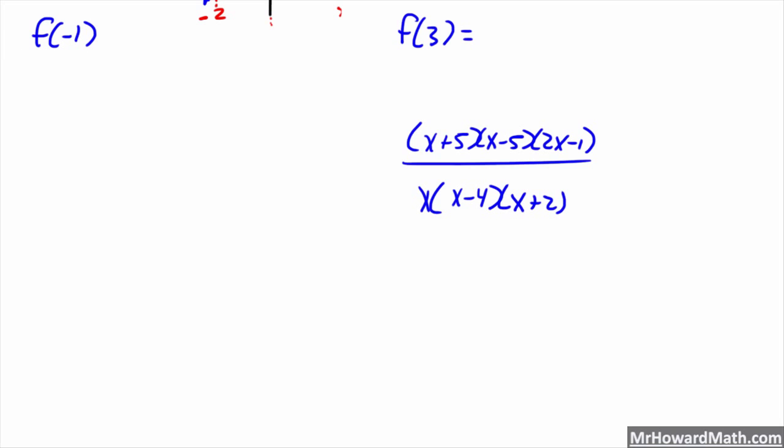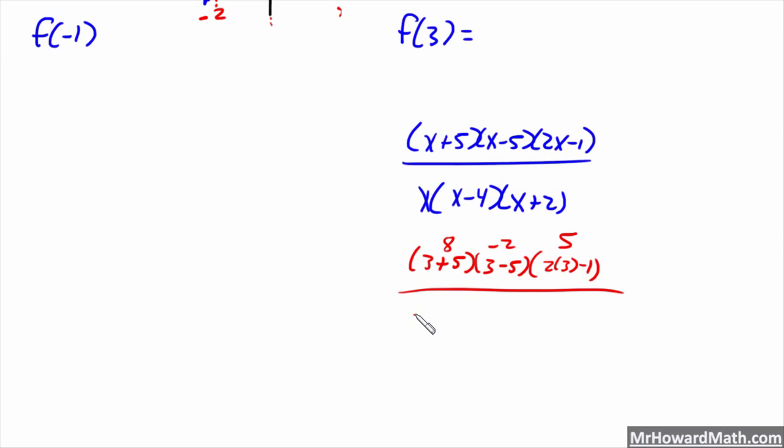So f of 3 would be 3 plus 5, which is 8. 3 minus 5 is -2. And then 2 times 3 minus 1 is 6 minus 1, which is 5. All over 3, that's that x there. 3 minus 4, which is -1. And 3 plus 2, which is 5.